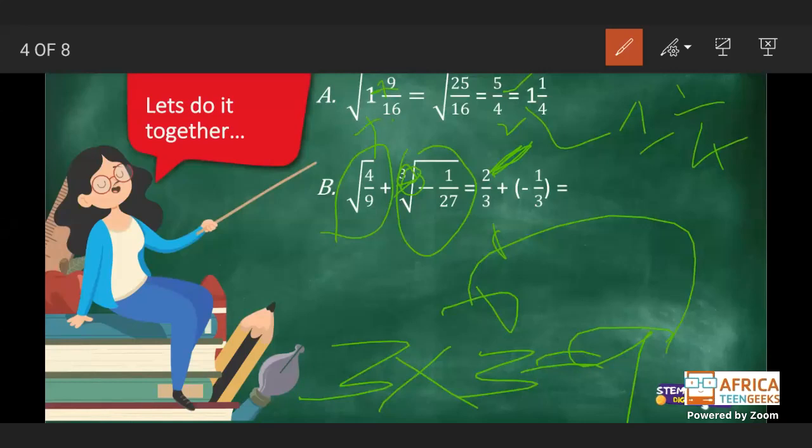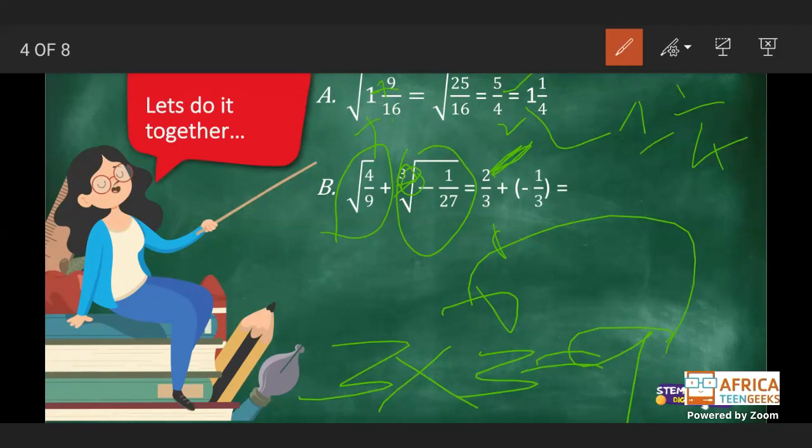Because when you do it in your calculator and try to find the cube root of 27, can you guys tell me what you see there? I know what you get. You get 3, right?